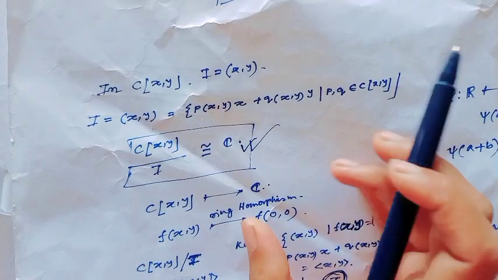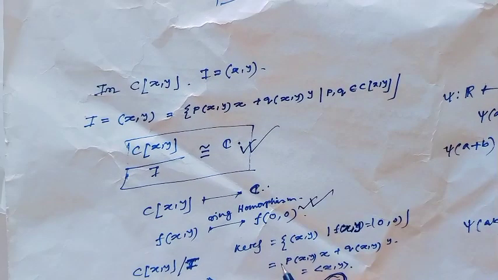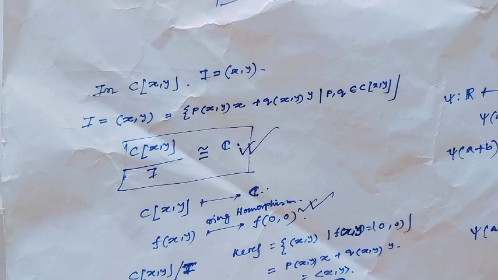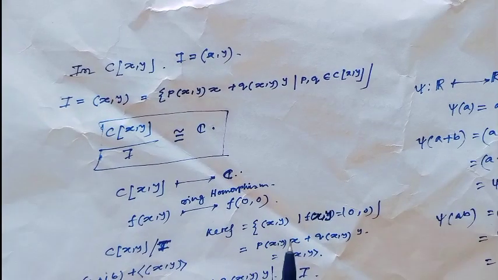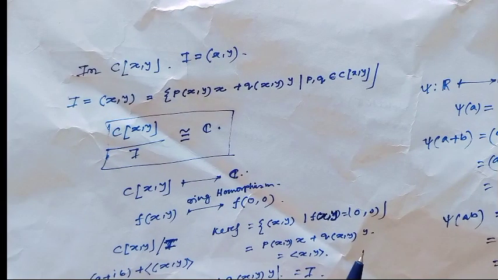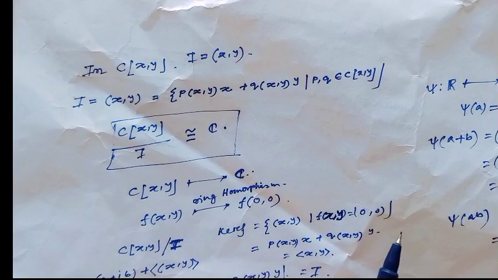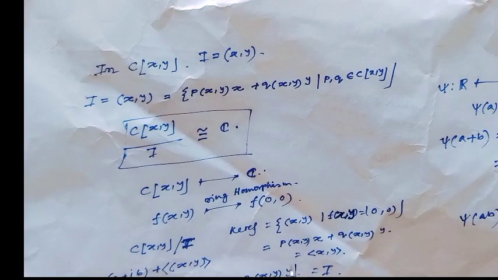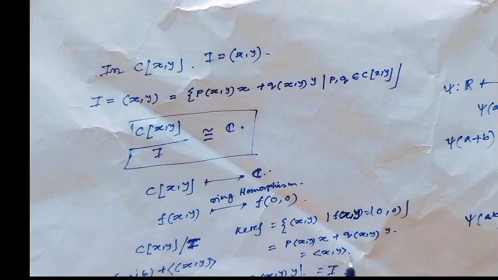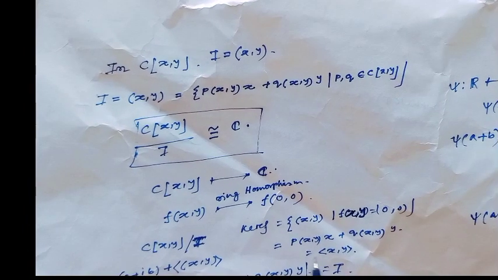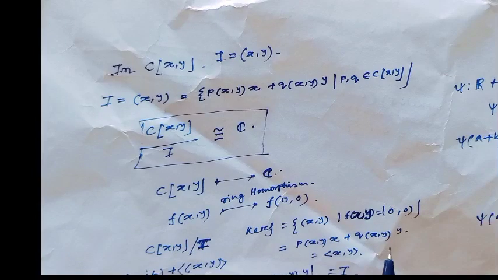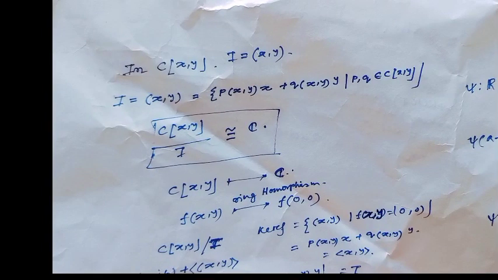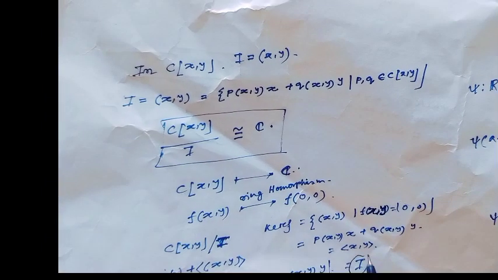That means for this ring homomorphism we can tell this is actually the kernel, because the kernel of this ring homomorphism is the set of those f(x,y) such that f(x,y) maps to 0, and f(x,y) mapping to 0 means obviously such polynomials which contain x and y, meaning p(x,y) times x plus q(x,y) times y, and this is actually the ideal generated by x comma y, which is our given ideal I.